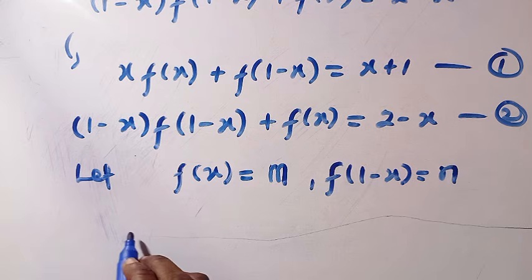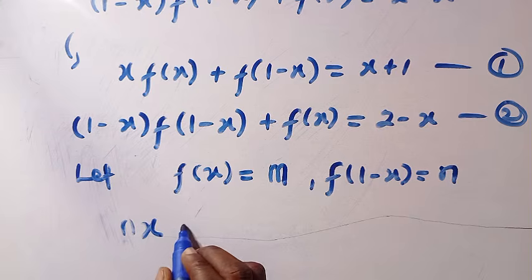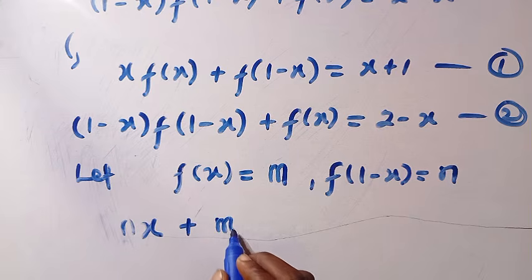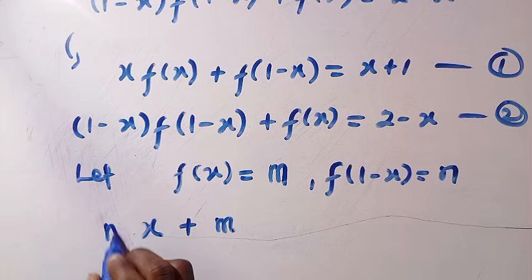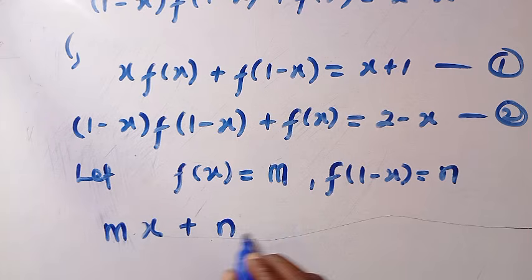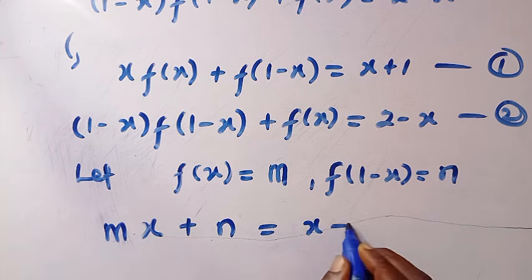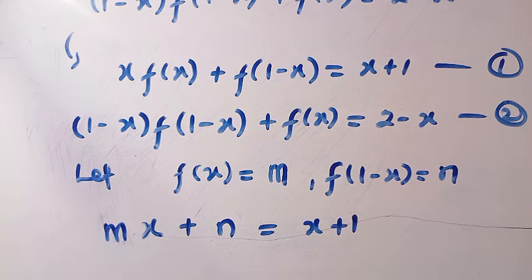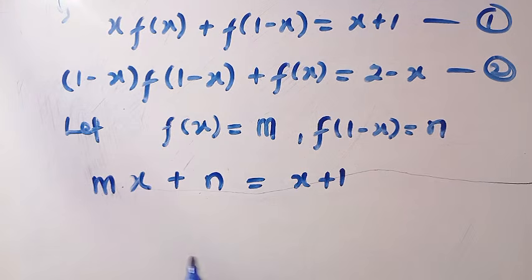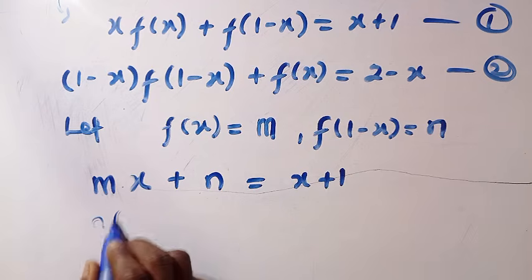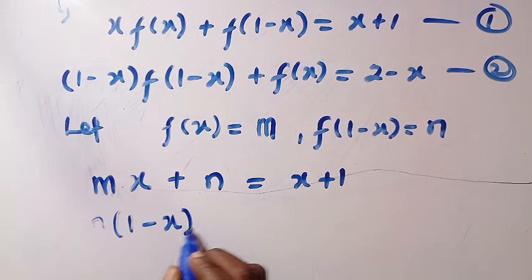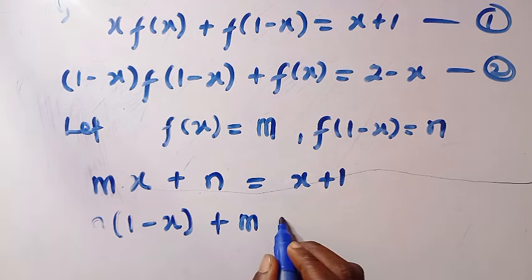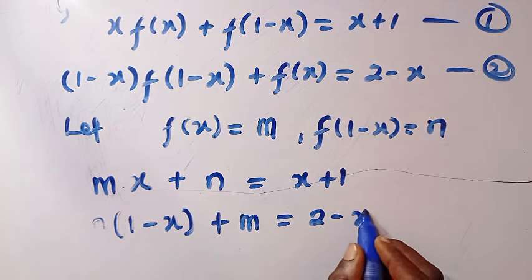So the first equation becomes nx plus m. We have mx plus n equals x plus 1. While the second equation becomes n into bracket of 1 minus x plus m equals 2 minus x.